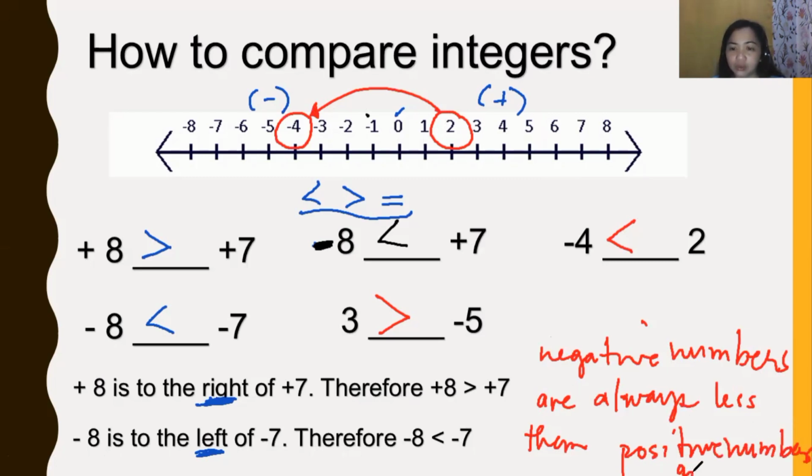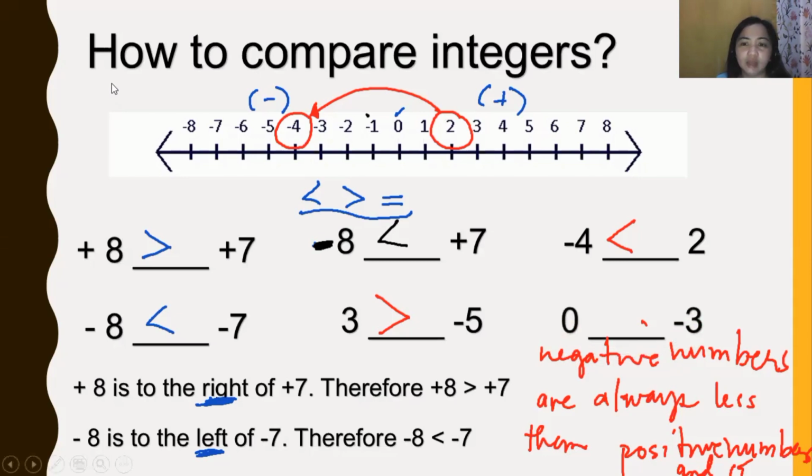And 0. Lagi silang mas mababa sa positive number at 0. And let's have 0 and negative 3. So, alin ang mas mababa? Or anong comparison ang mailalagay natin dito? Si 0 ba mas mababa o mas mataas sa negative 3?